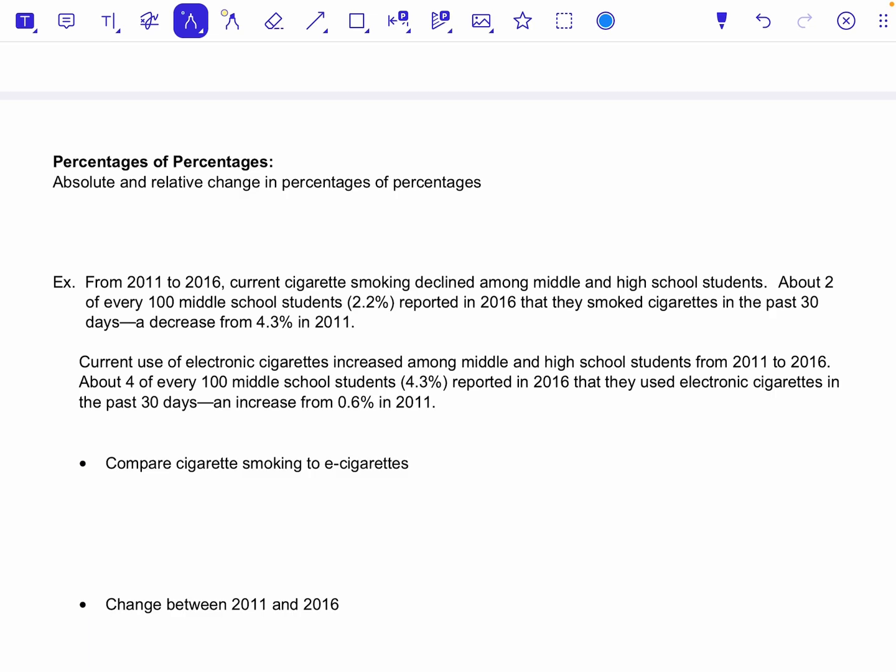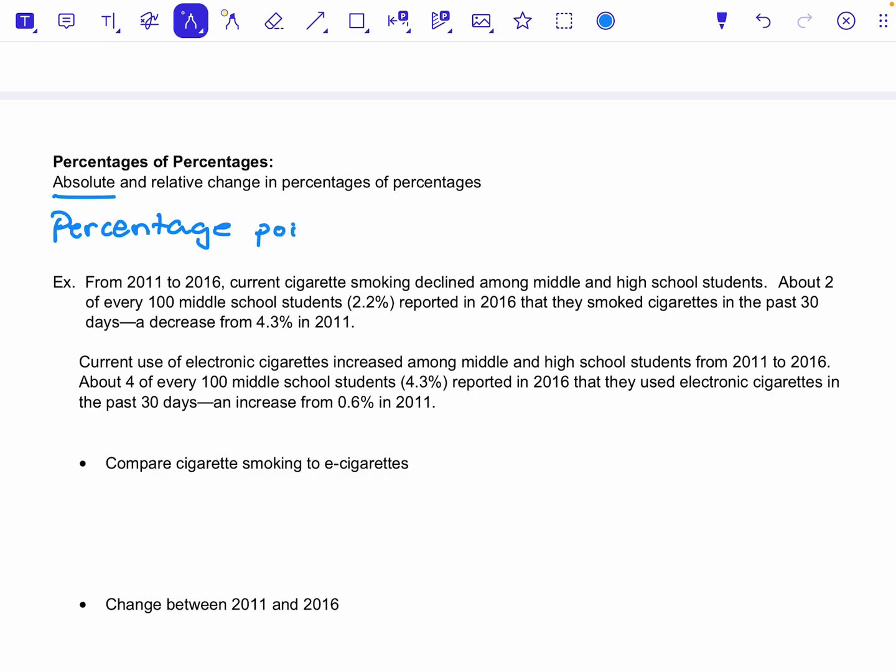So it helps us differentiate between what we are finding when we talk about absolute change versus relative change. When we do absolute change, we talk about something increasing by a percentage point. It's how many percent points got added to the original reference value.